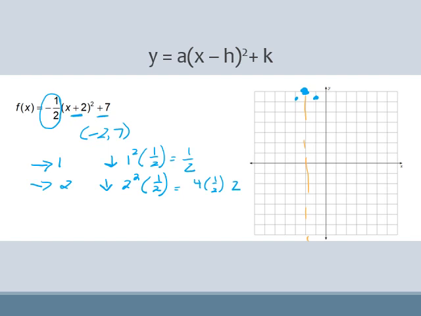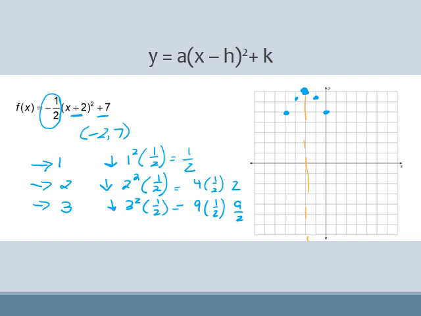So I'm going to go over 2 from the vertex and down 2. Okay. I go over 3. I normally go down 3 squared times 1/2. So 9 times 1/2, or 9/2, which is 4.5.